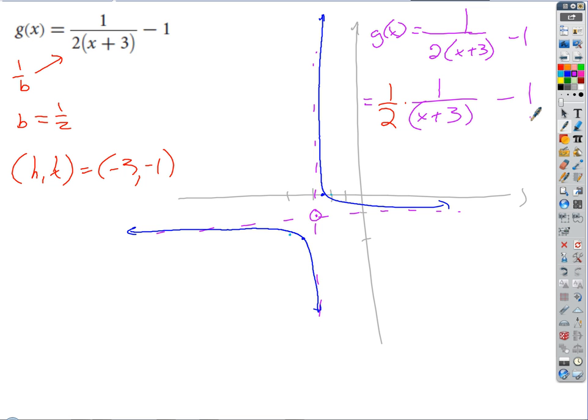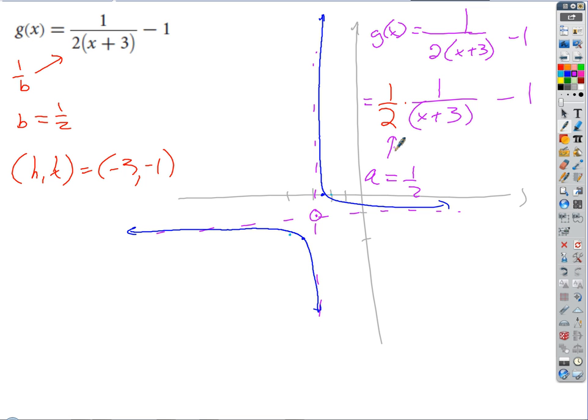So what does that tell us? This doesn't look like b now. What does that look like? That isn't being multiplied by something on the bottom, that's being multiplied by the whole thing. So what parameter does that now look like if I factor it out front of the whole thing? A. So it's the same thing as saying a equals 1/2.